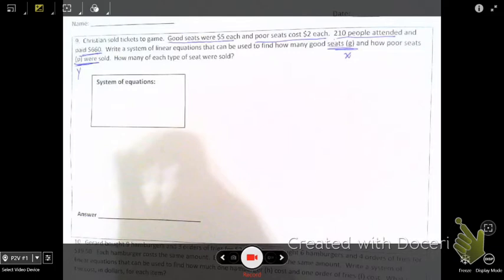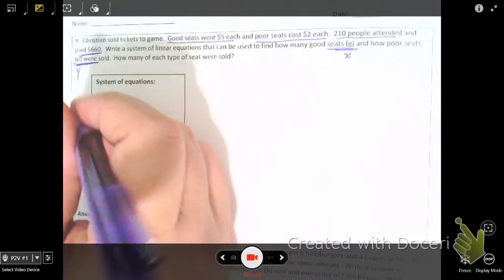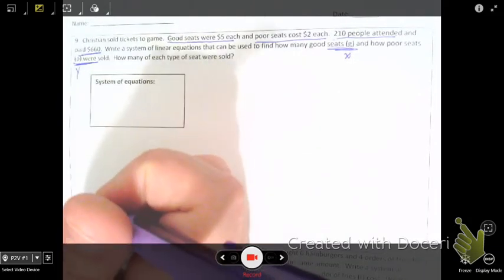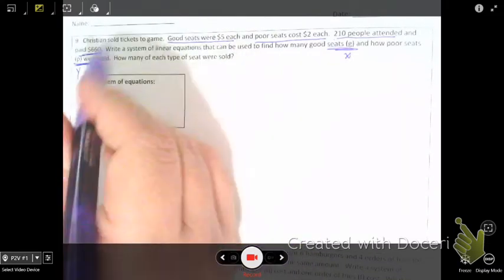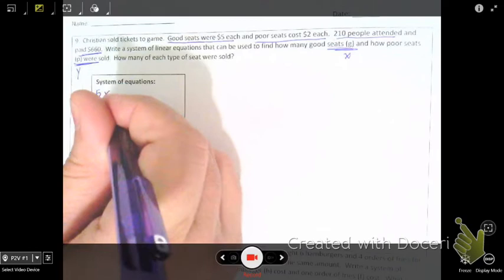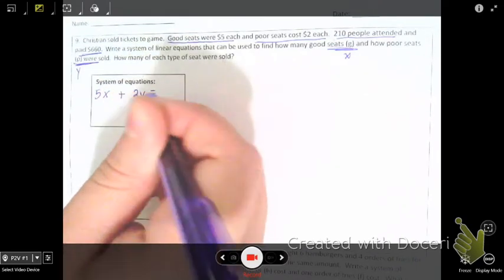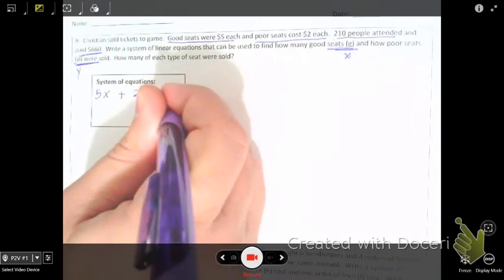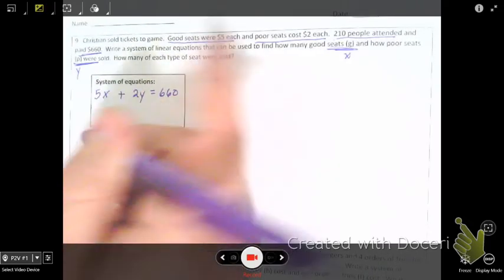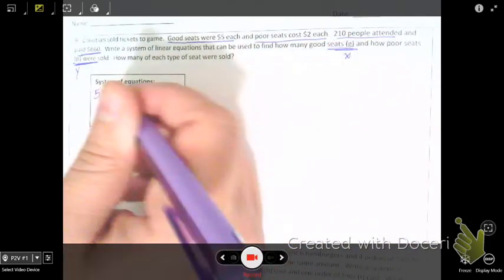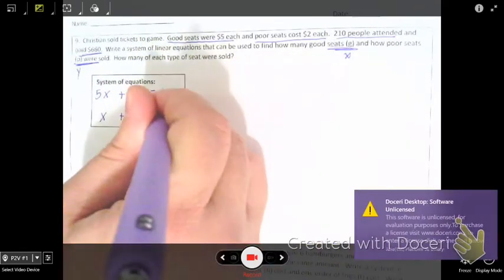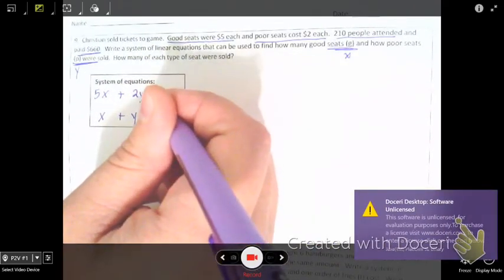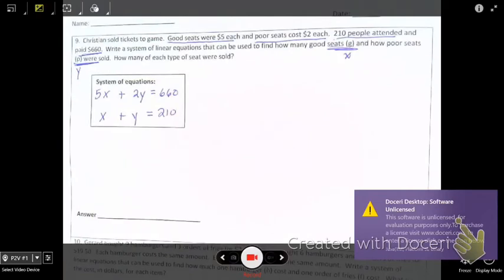This would result in the following system of equations. 5x plus 2y is equal to cost, so $660. And then we have 210 people who attended. So the number of tickets, x plus y, is equal to 210. That is my resulting system of equations.